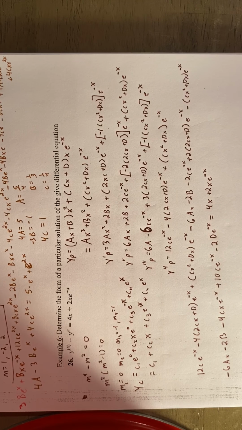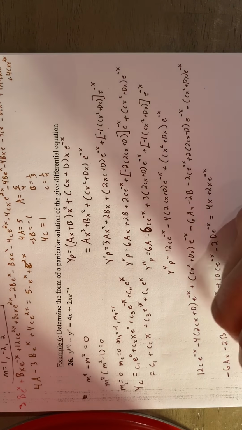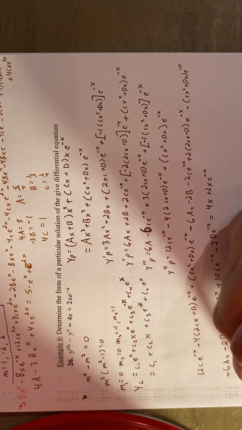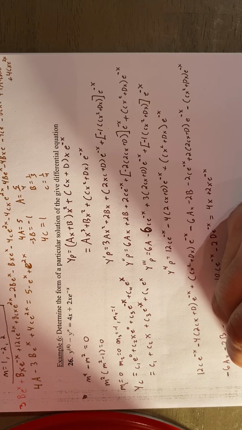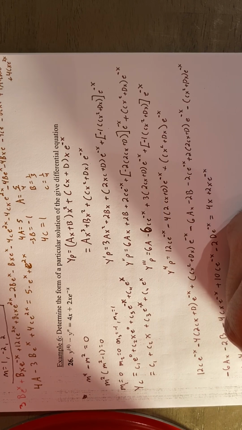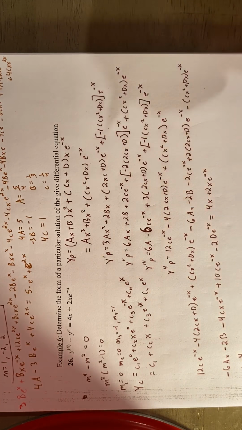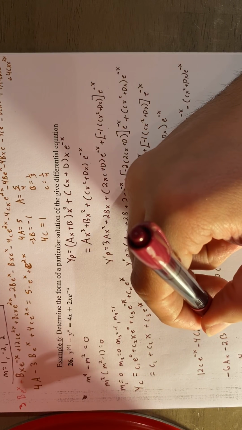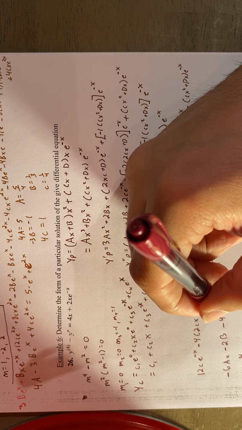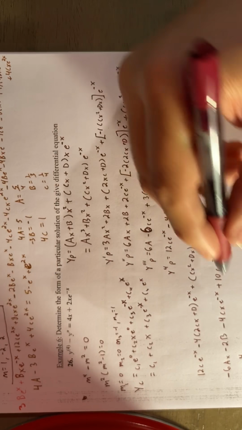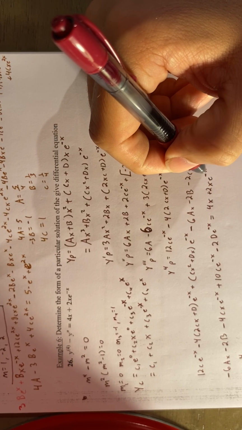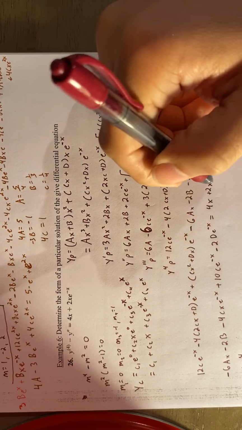And then we're going to go ahead and simplify. Now, negative 6a is the coefficient of x, so that's going to equal 4. The constant is negative 2b. We don't have a constant over here, so we'll just say it's equal to 0. Negative 4c is the coefficient of x e to the negative x, and the coefficient of x e to the negative x is 2.